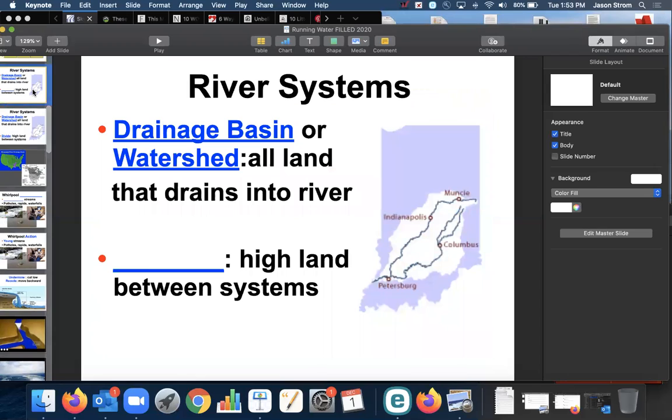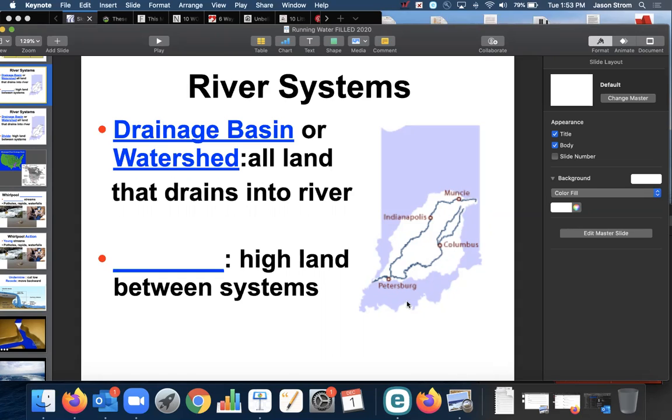The next thing, river systems. These first two terms, drainage basin and watershed, mean the same thing. It's just an area where all of the running surface water goes into one river at some point.